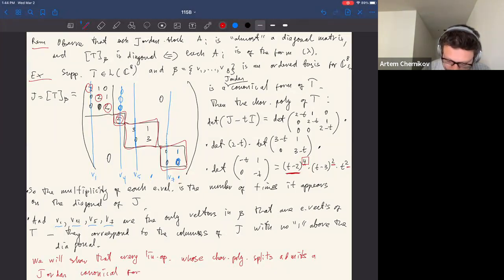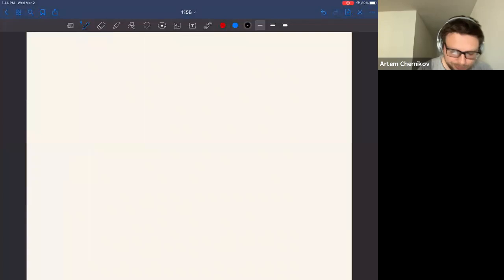This is going to be the main aim of this part of the course, to show that this always happens. This will require some finer analysis of cyclic subspaces, etc., so you will see soon. But before that, let's consider another example. Let's say this was example 1. Let's consider example 2.